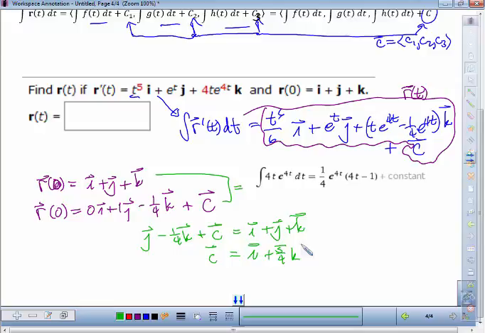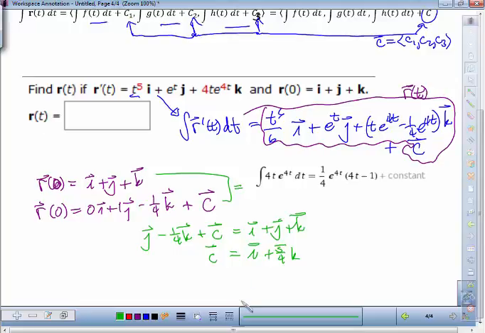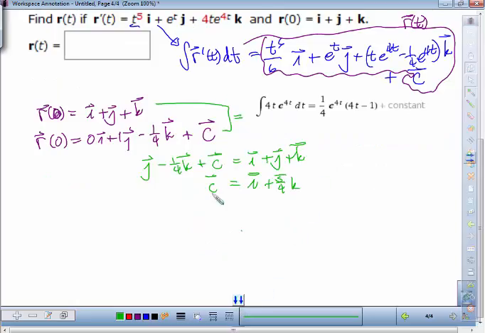Right, 1 plus 1/4, that's 5/4. So that's c, and if I just tack that onto here, then I would get my result. So my answer then should become r of t is equal to, now that I have this all together, I want to group my i's together.